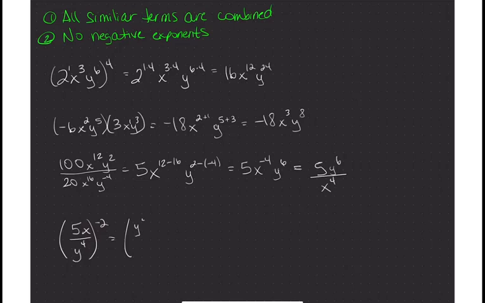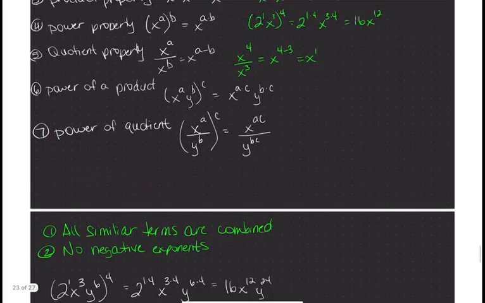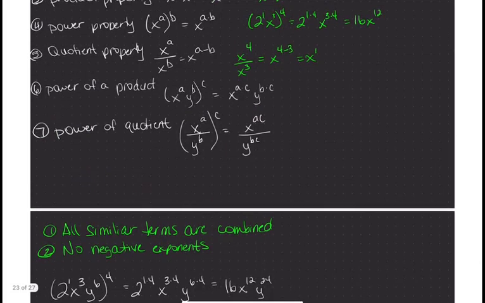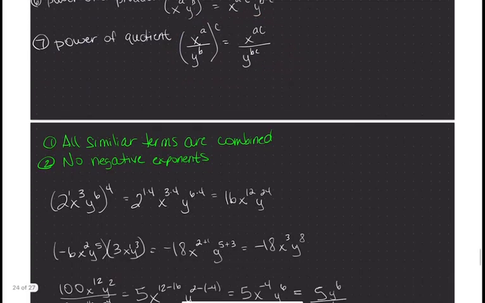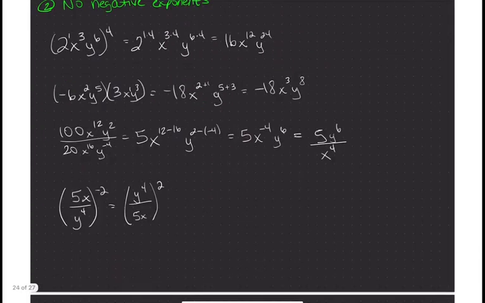So y to the fourth is going to come up to my numerator, and 5x is going to go to my denominator, and now it's going to be to a positive 2. Now I'm going to take my 2 and I have to share with everybody, right? Just like we did up here when it came to our power of quotient, right? It's getting shared with everybody. So I'm going to have, gotta get back to the pen. Y to the 4 times 2 over 5.